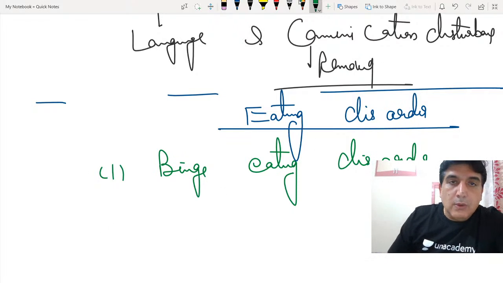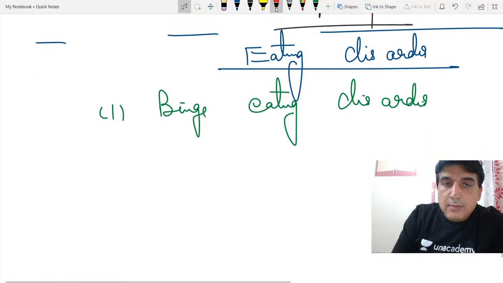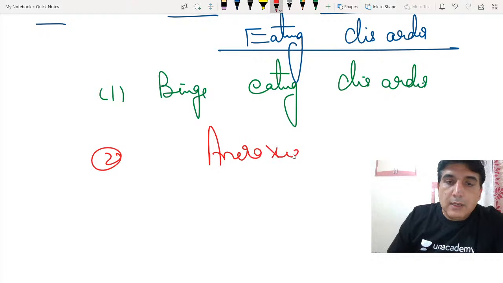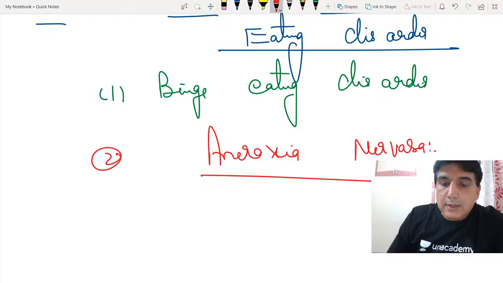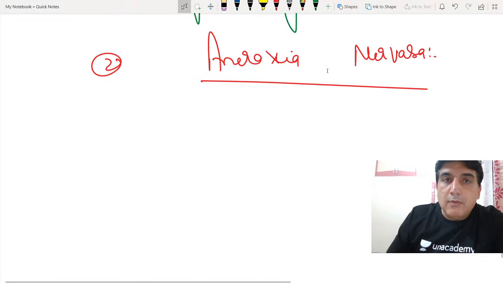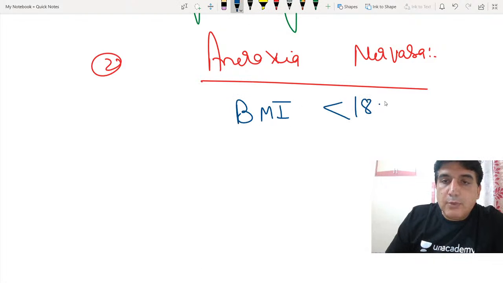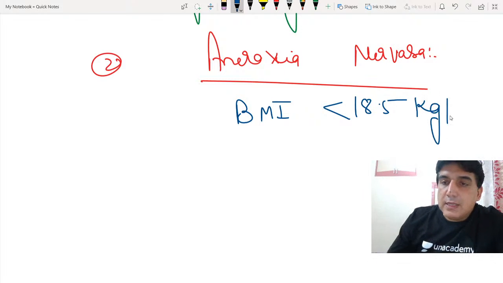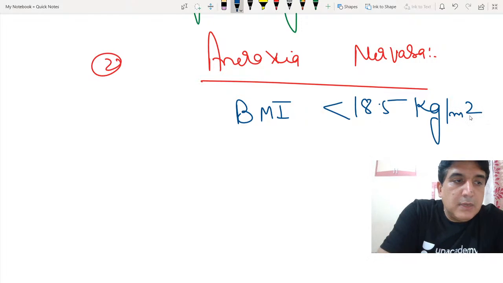And number 2, in anorexia nervosa, one criterion we have is BMI less than 18.5. Before this, BMI was less than 17.5. Now it's 18.5 kg per meter square. Okay, so this is very important.